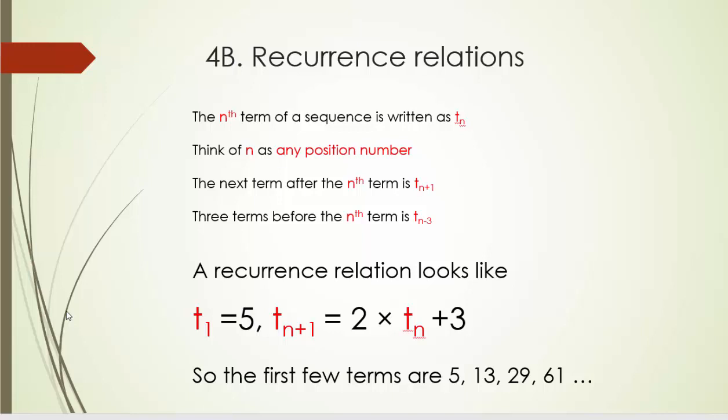So 2 5s are 10 and 3 is 13. To get the next term, we find 2 times the term that we've got, which is 13. 2 times 13 is 26, plus 3 is 29, so that'll give us t3, and so on.